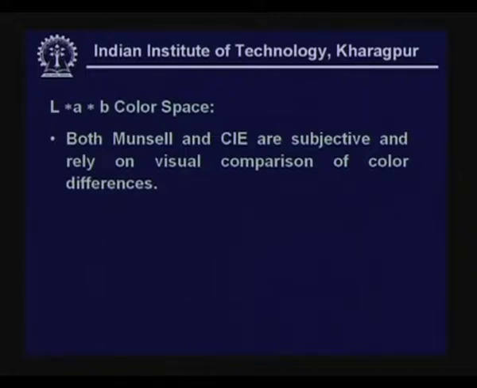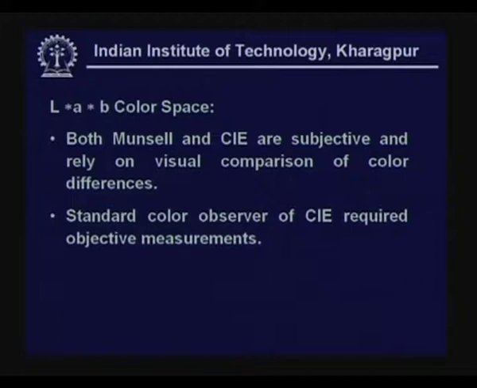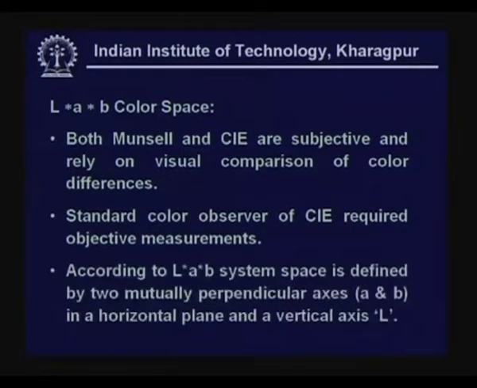This has arisen essentially because both Munsell charts and CIE are subjective, relying on visual comparison of color differences. So, in fact, a standard color observer of CIE requires objective measurements.